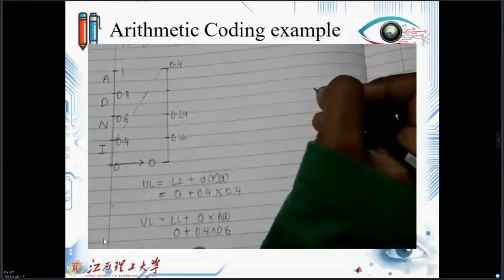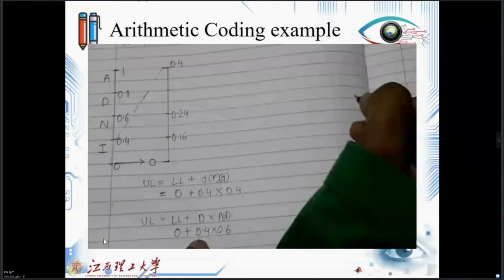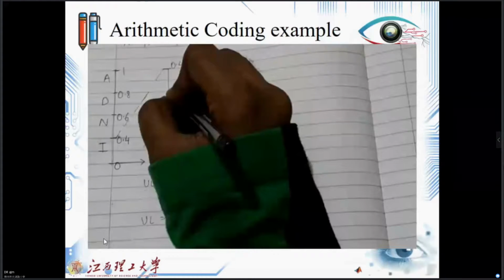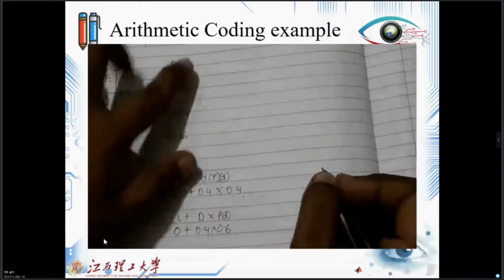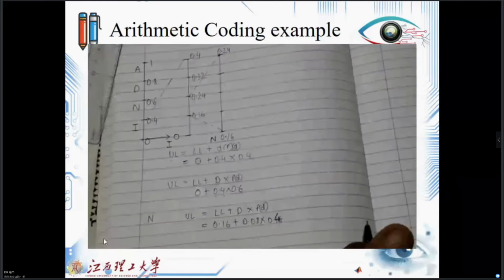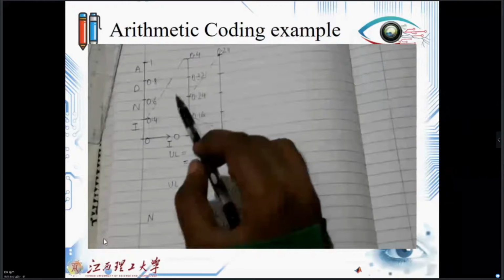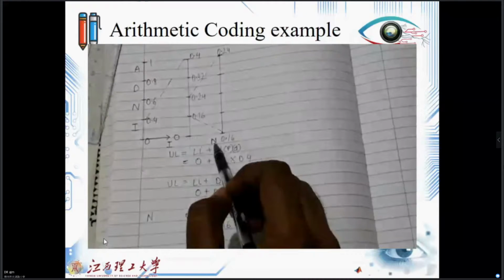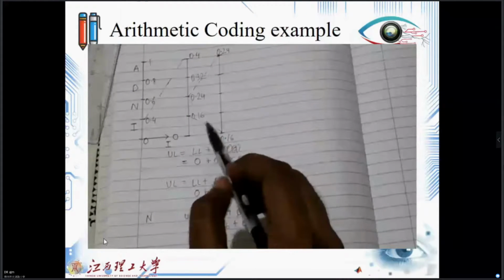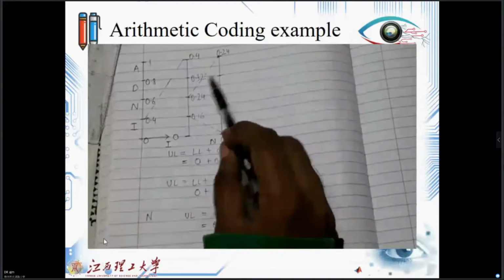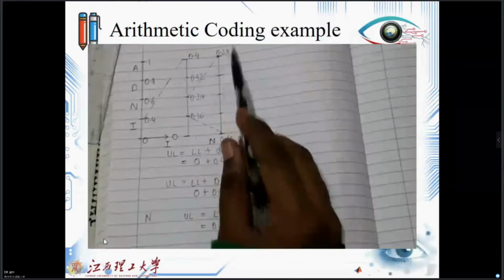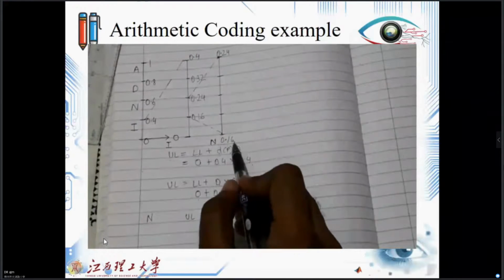Then the next letter is D. That calculation will also be 0.4 multiplied by 0.8, and it becomes 0.32. Then the second letter will be N. Because the step for N is 0.16, we will put it as the lower, and the upper is the value of that.